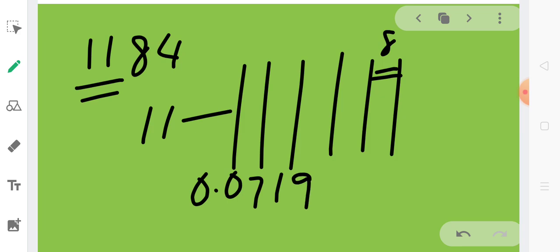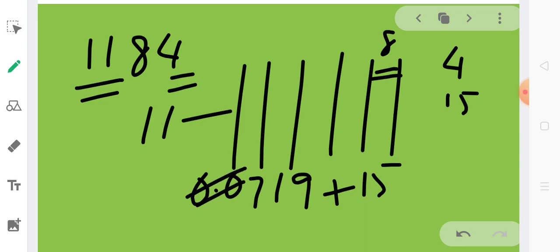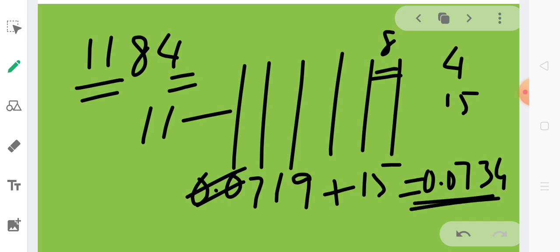And then in the last column for 4 it was written 15. So you have to add 15. You don't consider this value, you simply add 719 plus 15, so that will give you 734, and then you write down the point. So it will be 0.0734. In this manner you can write down the value for mantissa.